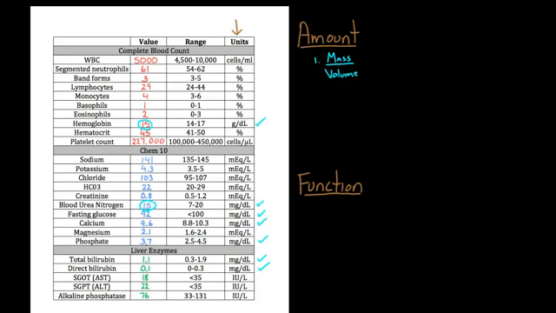Now another way of talking about the amount of something would be to just literally count up the number of something that you find in a certain volume of blood. And we do that too sometimes. For white blood cells, we count up 5,000 cells in 1 milliliter.